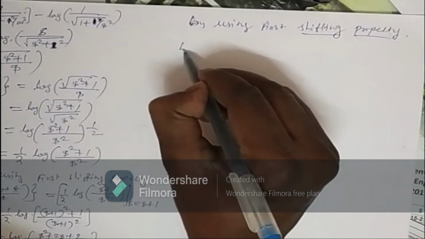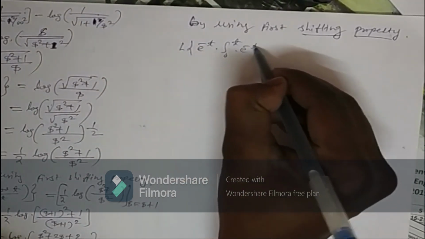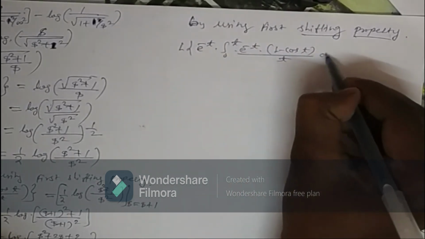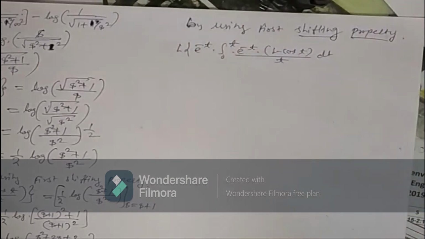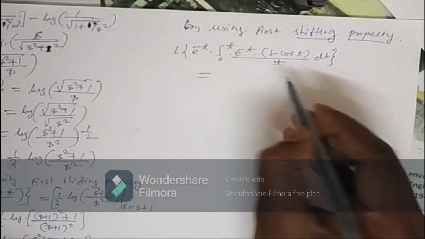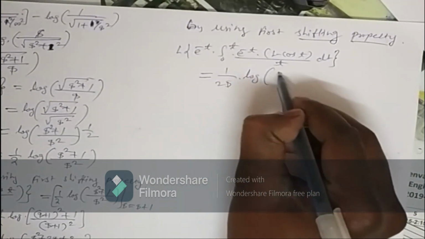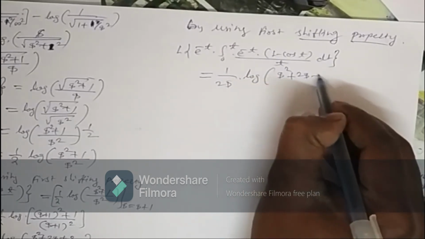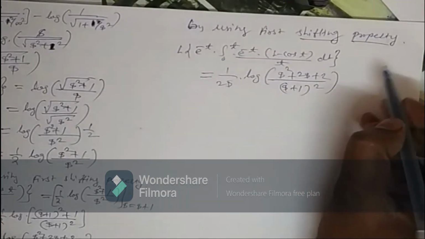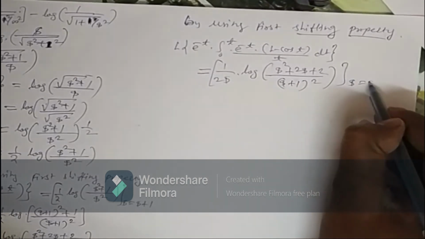So Laplace transform of e raised to minus t, integration from 0 to t of e raised to minus t (1 minus cos t upon t) dt, that is equal to, just put the value, 1 upon 2s into log of (s square plus 2s plus 2 upon (s plus 1) square), at s equal to s plus 1.